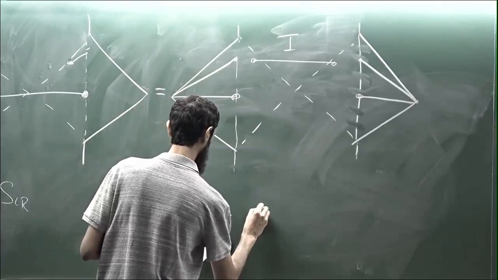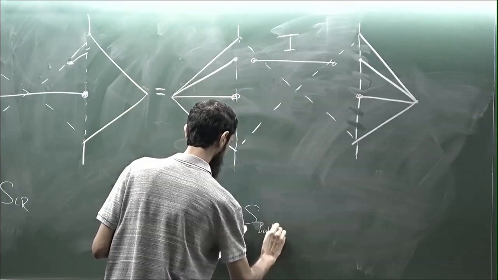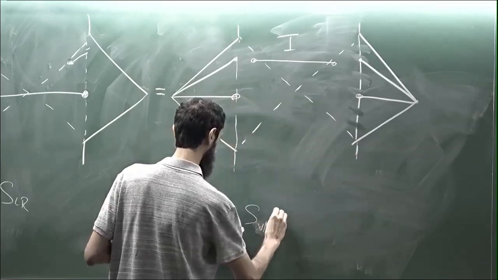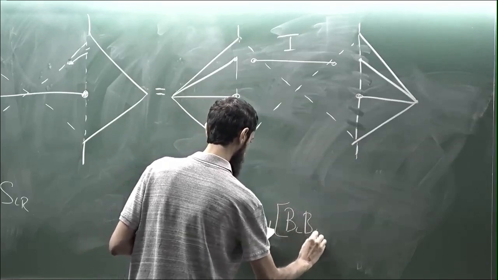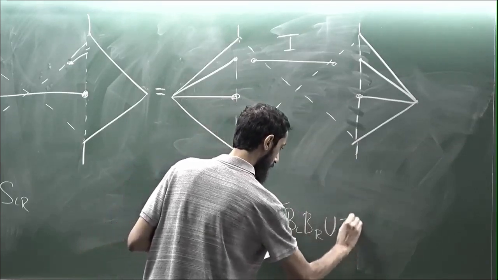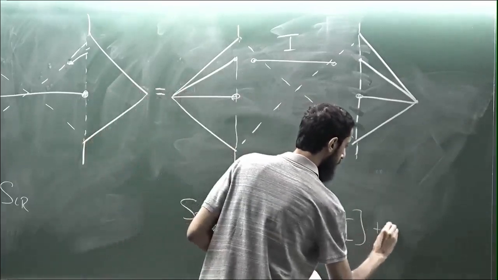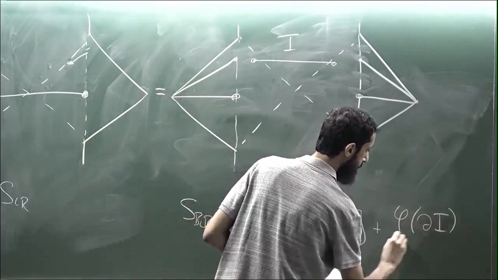It's the bulk von Neumann entropy of the union of BL, BR, and this region I, plus the dilaton evaluated on the boundary of I.